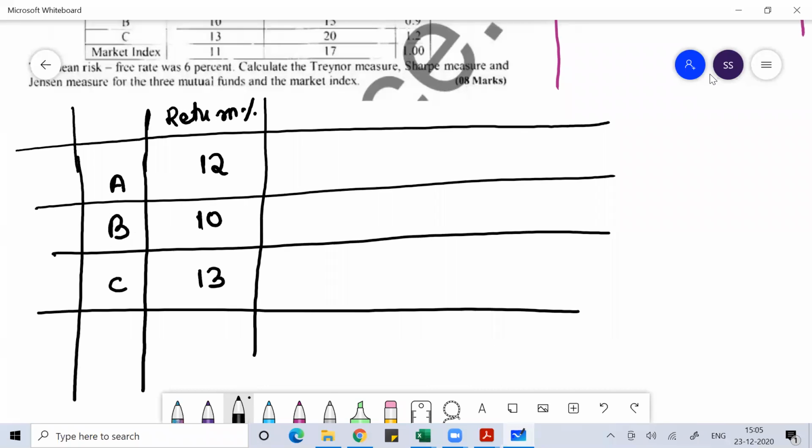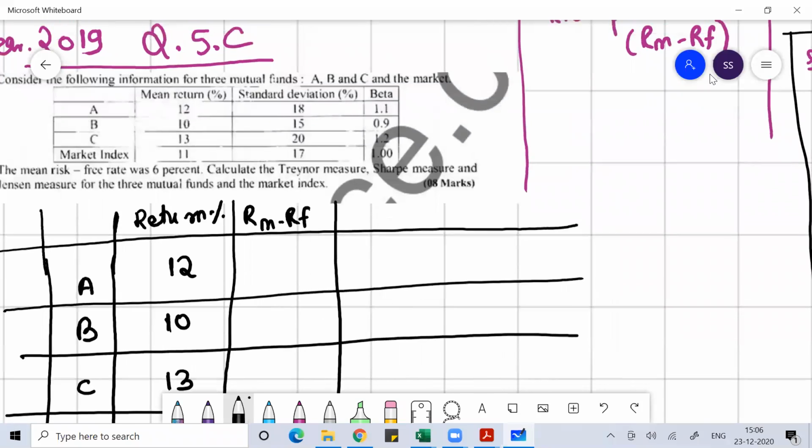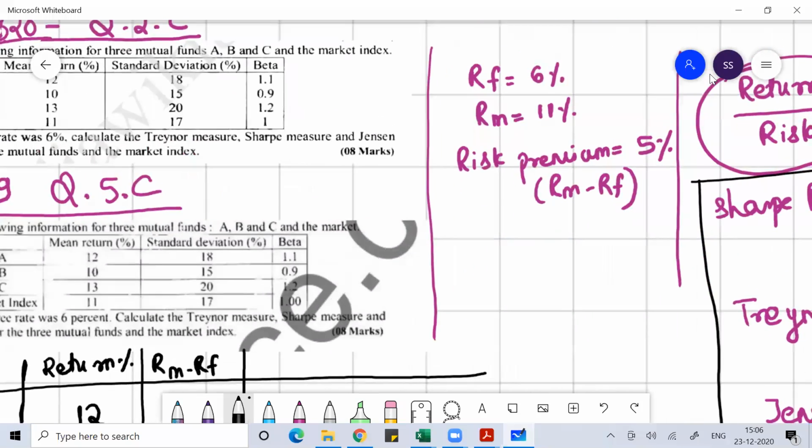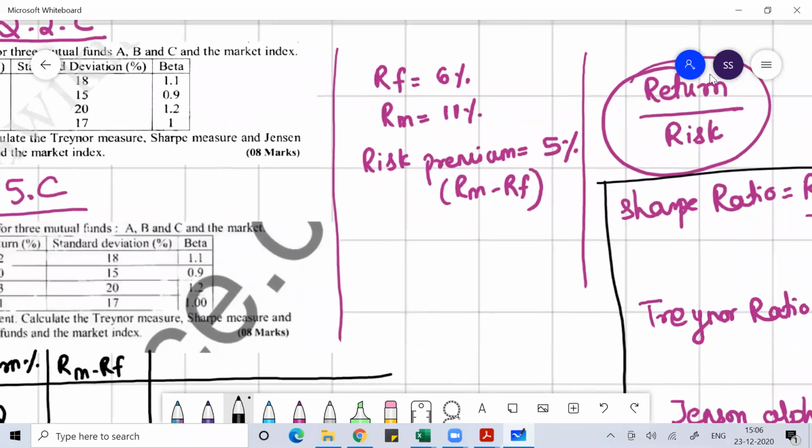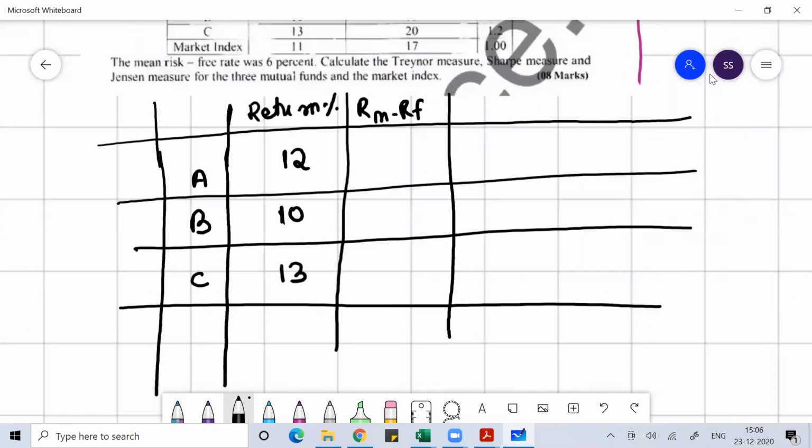Find the return minus RF. That is not required. Find RM minus RF, which is the same for all, because the market rate is 11%, which I found already. RM minus RF is called the risk premium, that is 5%.